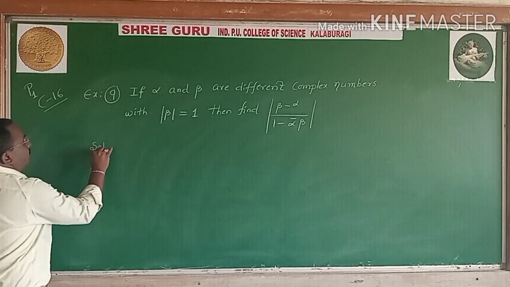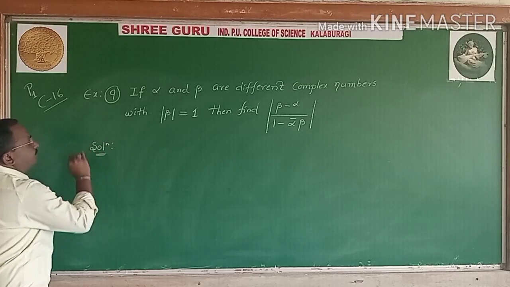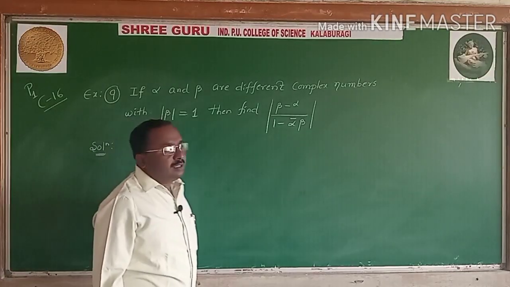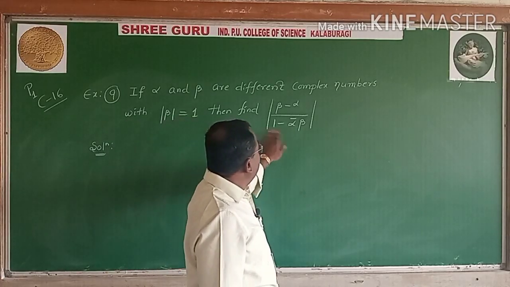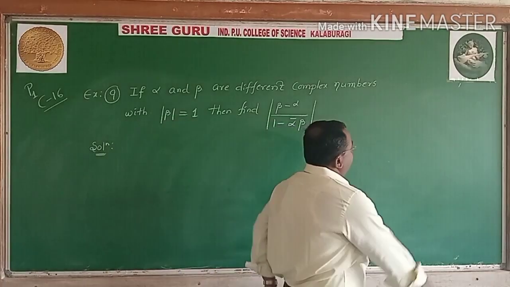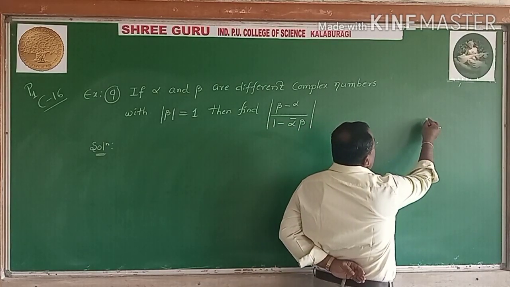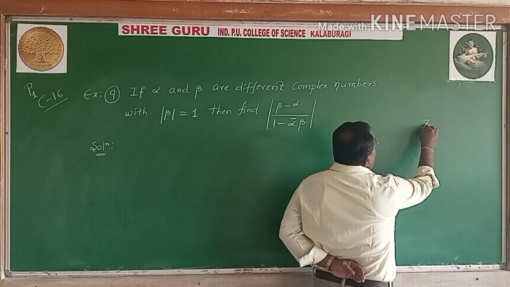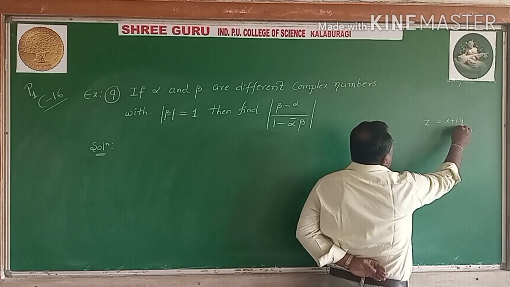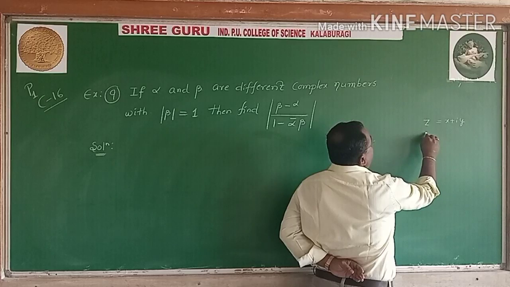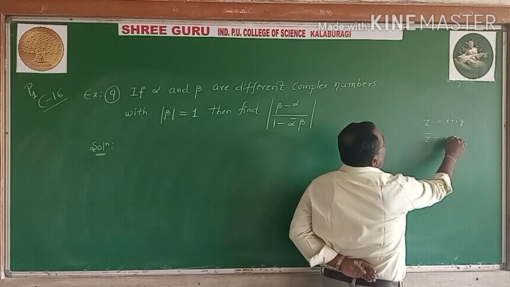Solution. Here one formula is there, keep it in your mind. Let z be a complex number, x plus iy. z bar is x minus iy.